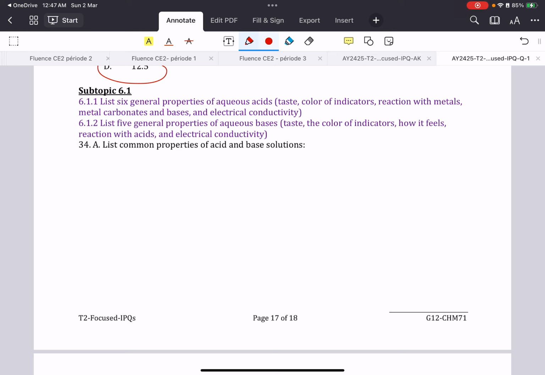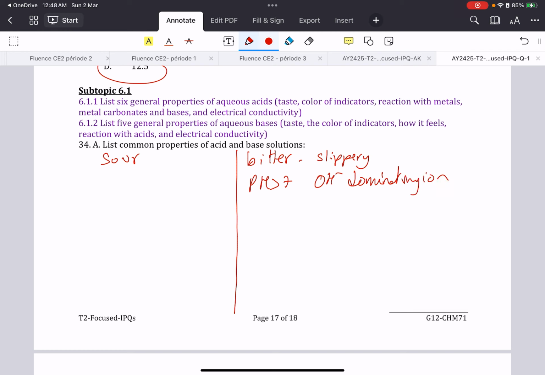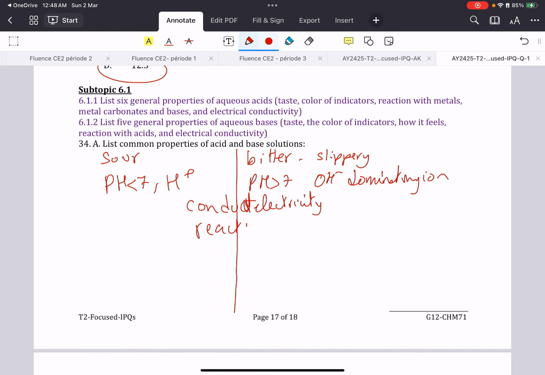List common properties of acids and bases in solutions: bitter, slippery, sour. pH above 7, OH minus is the dominating ion. pH less than 7, H plus is the dominating ion. They both conduct electricity because they have ions. They both can react with each other.